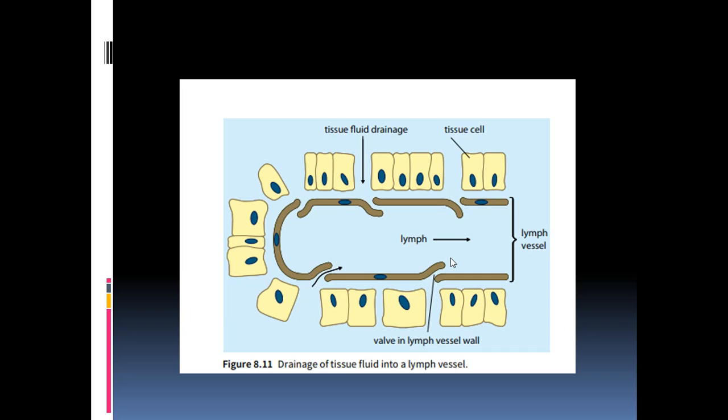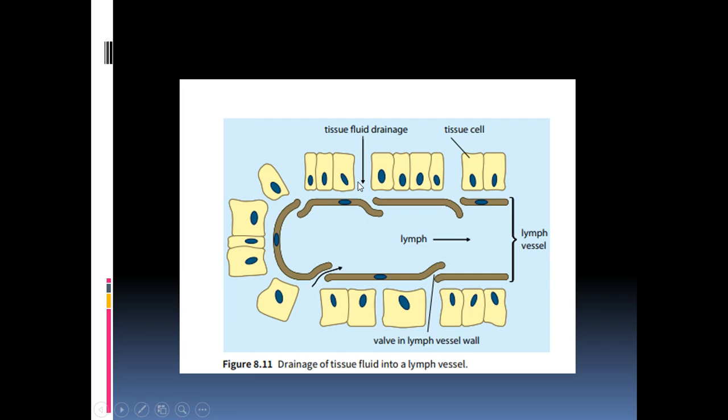Lymphatic vessels contain tiny valves which allow the tissue fluid to flow in but stop it from leaking out again. And the valves also allow large protein molecules to pass through. And this is important because this controls the osmotic pressure of fluid between the cells.